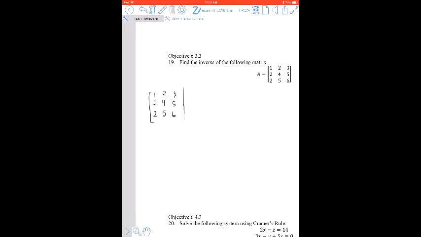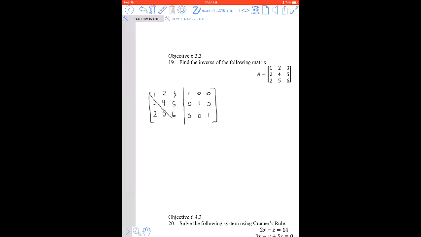And then you make a little divider there, and then on the right side you have the identity matrix. And the goal is to do row operations to transform this side of the matrix into what this looks like. So I need to transform the left side of the matrix into identity matrix, and in doing so it's going to change these numbers into different numbers, and whatever that turns out to be, that's your inverse.